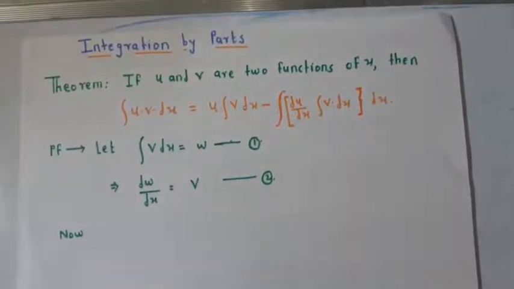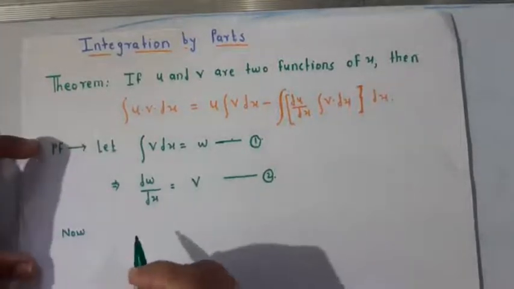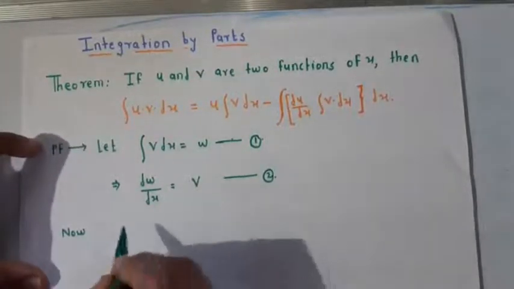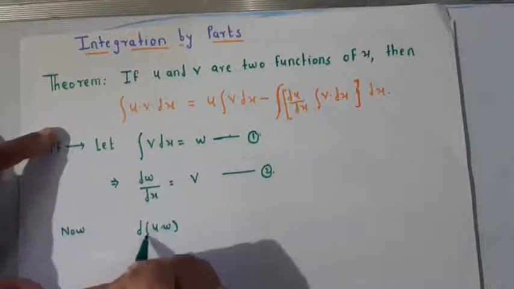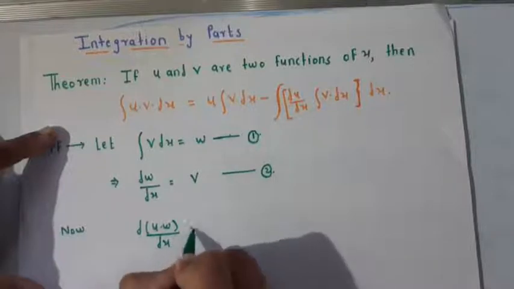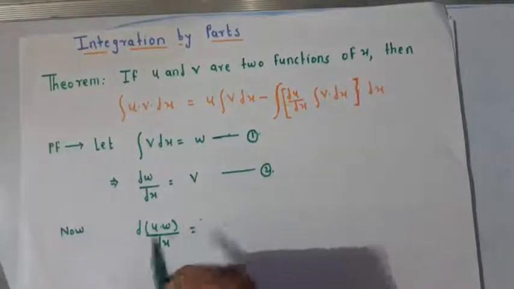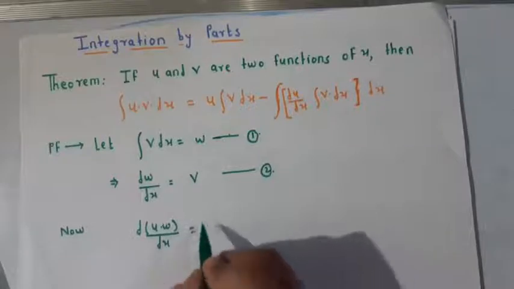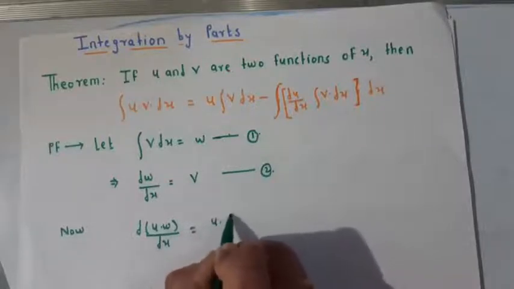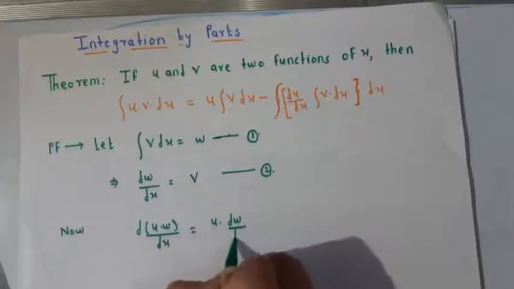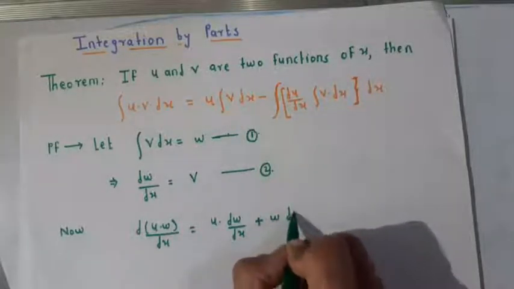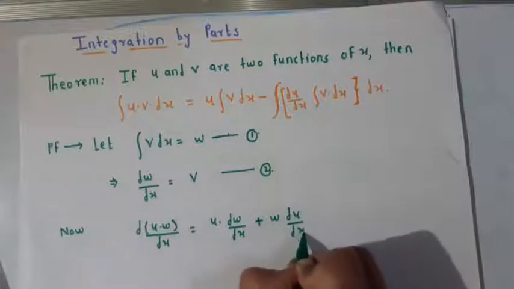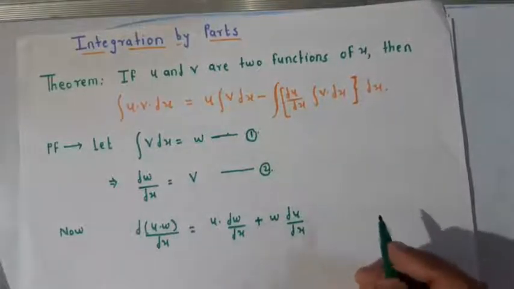Okay students, now let us consider the differentiation of u into w with respect to x. Using the differentiation of u into v rule, taking u as a constant, take the differentiation of w with respect to x, plus w as a constant, the differentiation of u with respect to x. You know this.